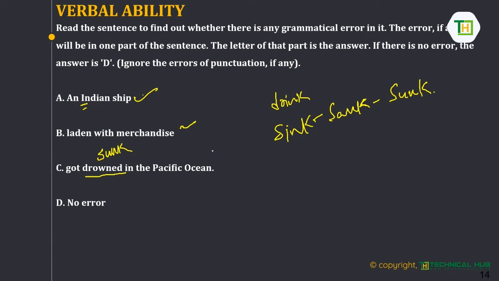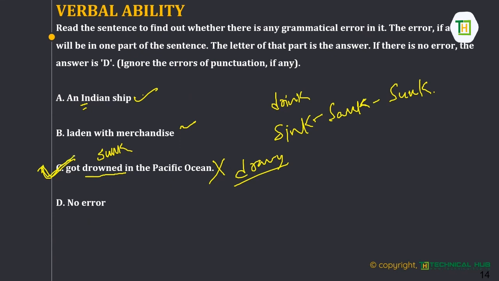Usually we say drowned only for people, not for the ships and all. We don't say that. So that's why option C, the error-containing part, is in option C. So option C is the right answer for this.